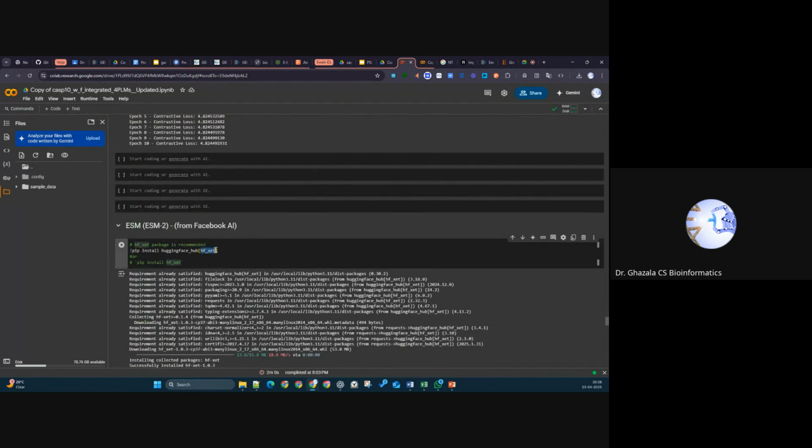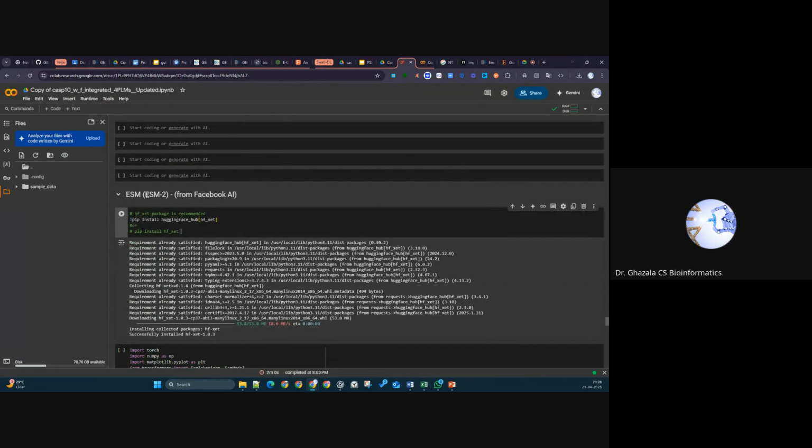We have hfexit. First you can try to install it with just pip install hfexit, but if it is not installing, then we can use Hugging Face as the base to install this package, so that we can run ESM2.